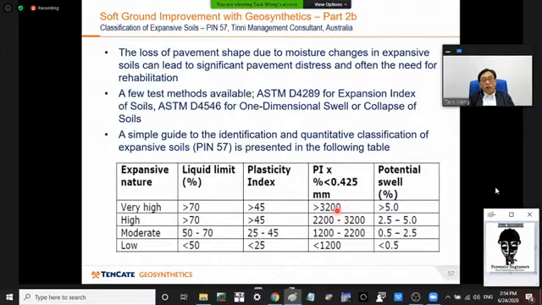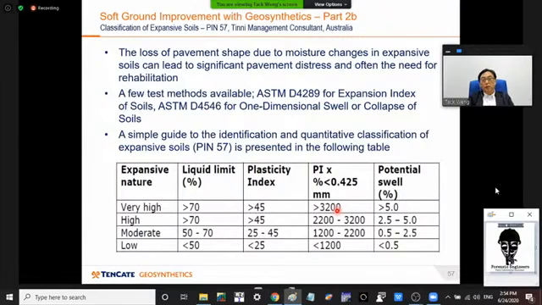Now I'd like to talk a little bit about roads on expansive clays. The loss of pavement shape due to moisture changes in expansive soils can lead to significant pavement distress and often the need for rehabilitation.